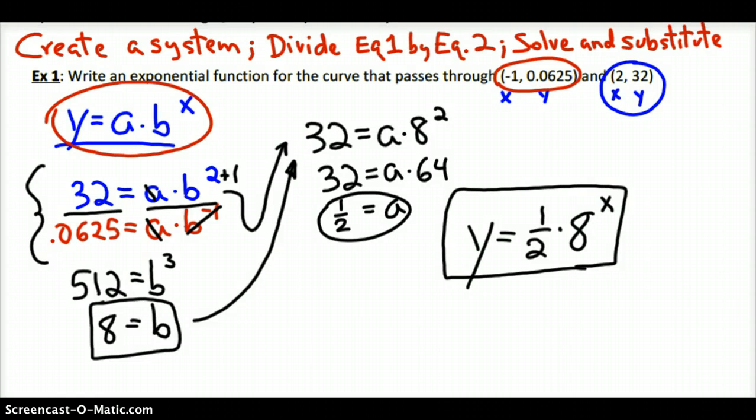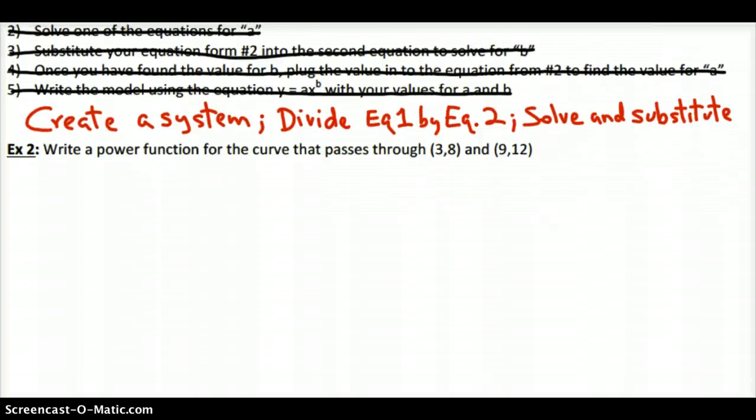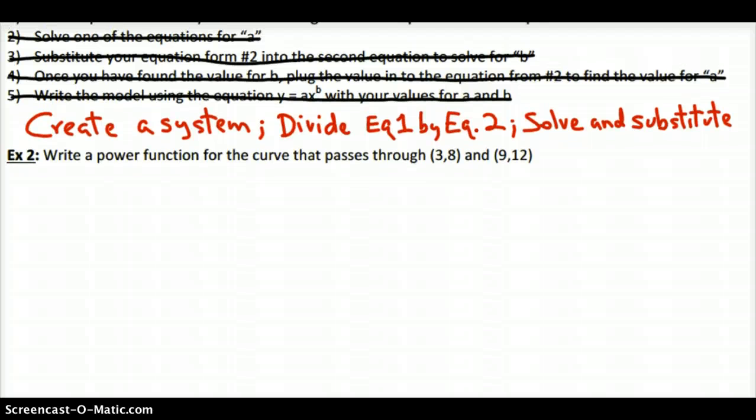Now when we do a power function, we know exponents have powers, but they mean 2 different types of equations here. Again, we're going to disregard the 5 steps, and we're going to go again with the same set of steps here. They will look a little different, but in fact, we'll end up having a lot of similar steps.